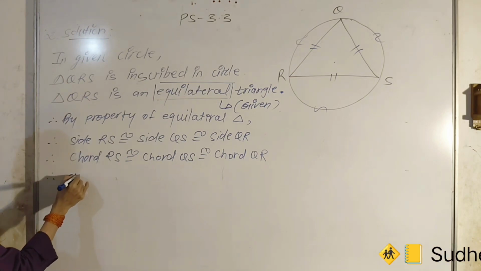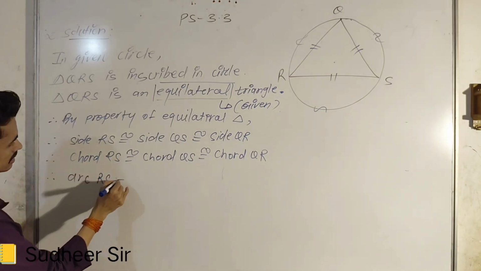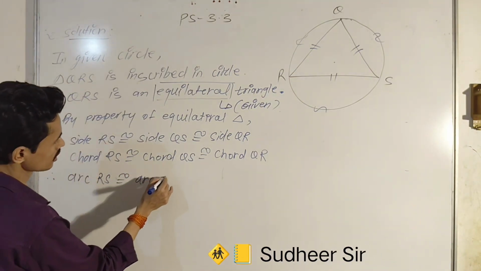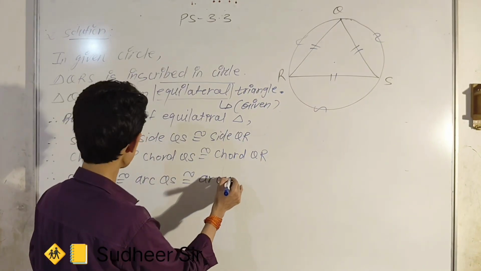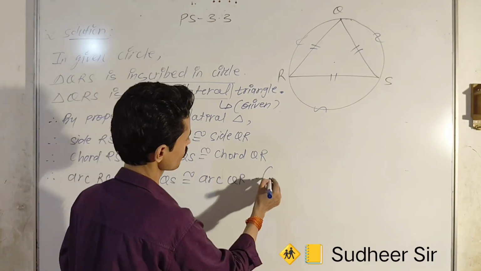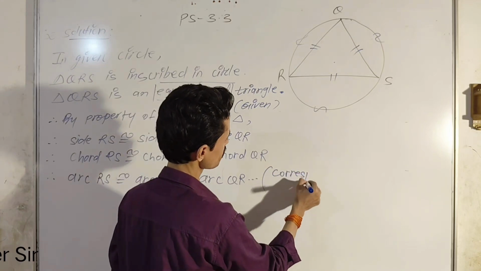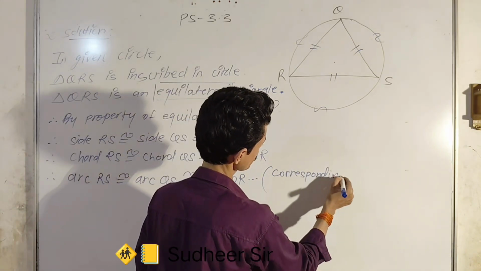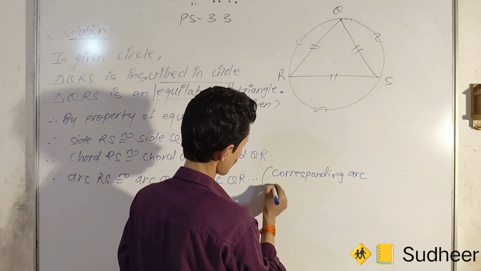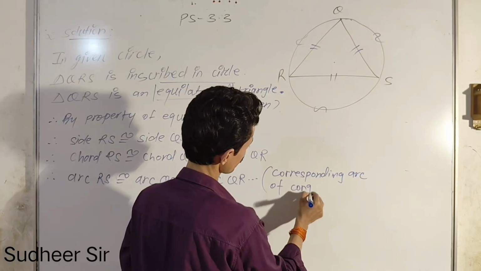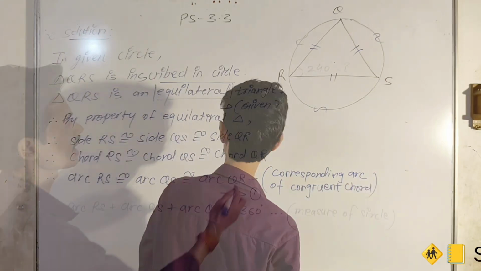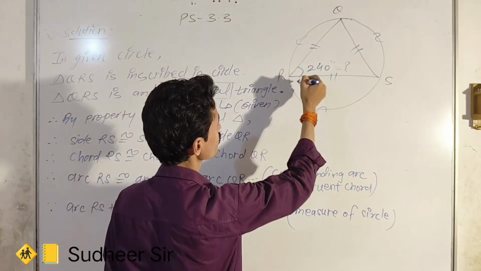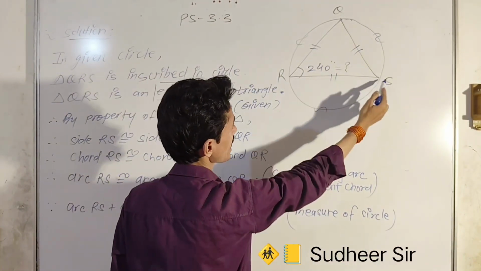So we can write arc RS is congruent to arc QS, congruent to arc QR. The reason for this is: corresponding arcs of congruent chords.